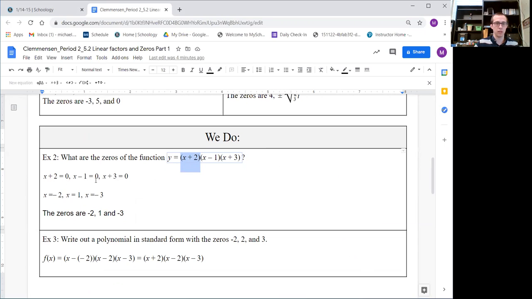Subtract 2, add 1, subtract 3, get my numbers. Again, when it's in factored form, when I've already factored it, I set each thing equal to 0, and I solve. Are there any questions for example 2?